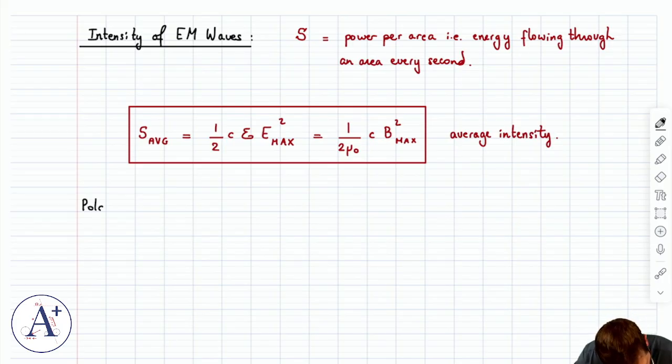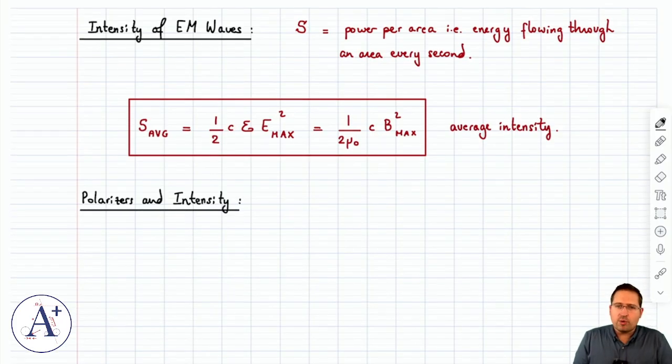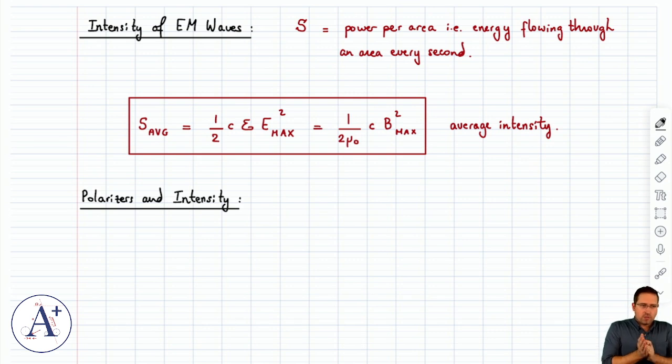Okay. So, let's briefly recap polarizers and intensity, or the effect that they have on intensity. Now, polarizers are interesting objects. They have a preferred direction, is what it's called, and they would prefer light to come in through that direction.